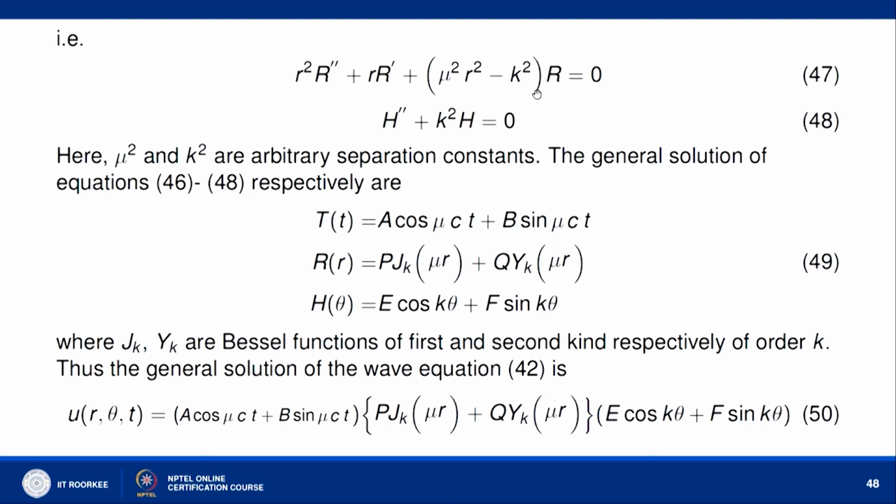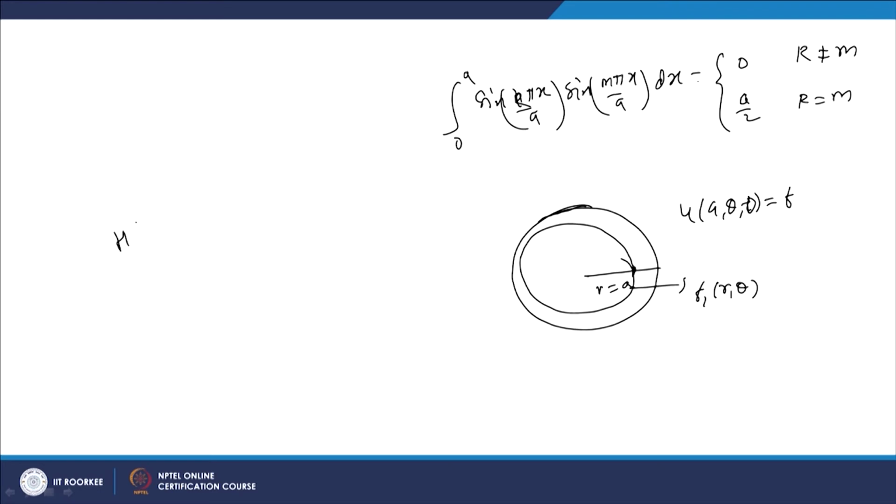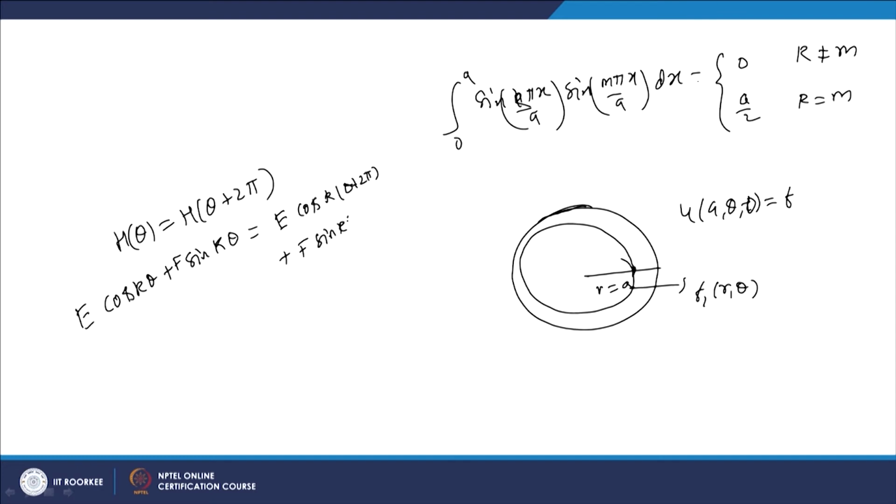That is how you can check here: since h(theta) must be equal to h(theta plus 2 pi), it means that E cos k theta plus F sin k theta equals E cos of k (theta plus 2 pi) plus F sin of k (theta plus 2 pi). Now when you separate this out, you have E times (cos k theta minus cos k (theta plus 2 pi)) plus F times (sin k theta minus sin k (theta plus 2 pi)) equal to 0.